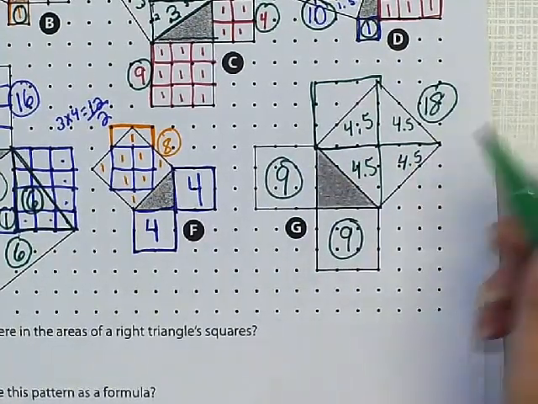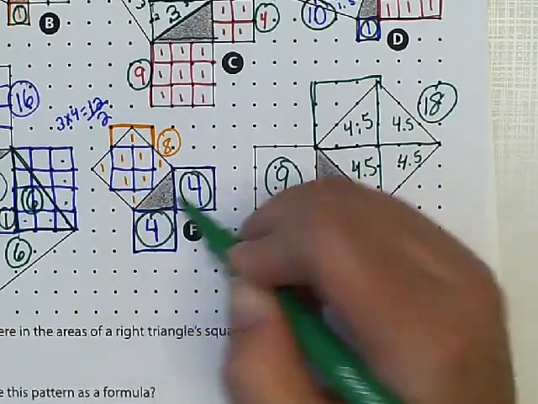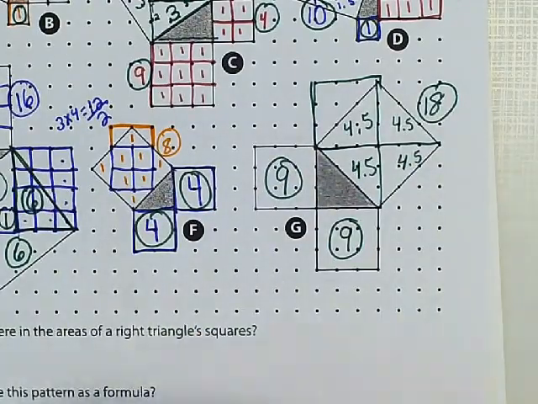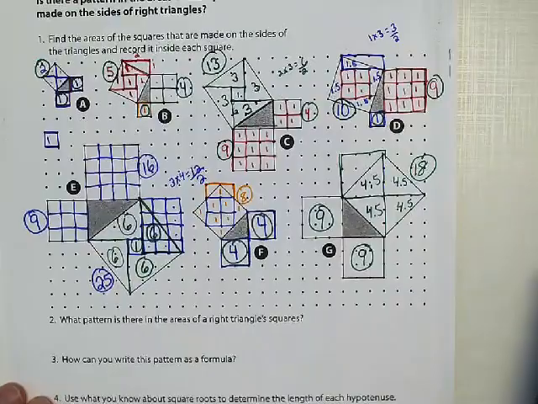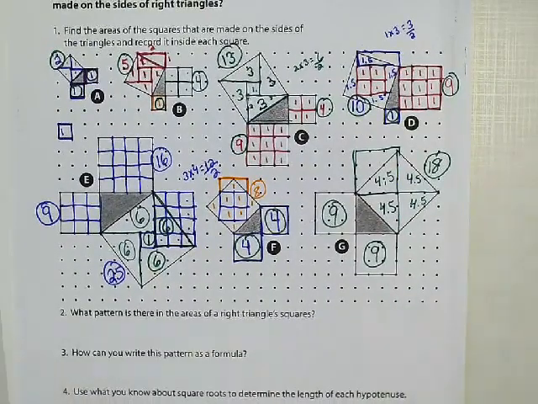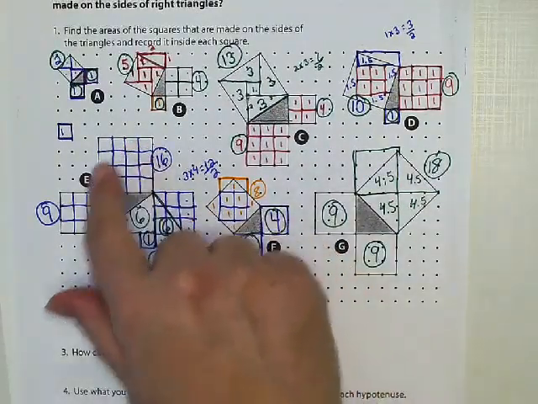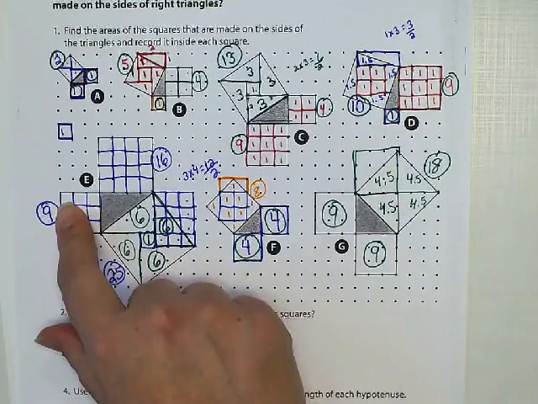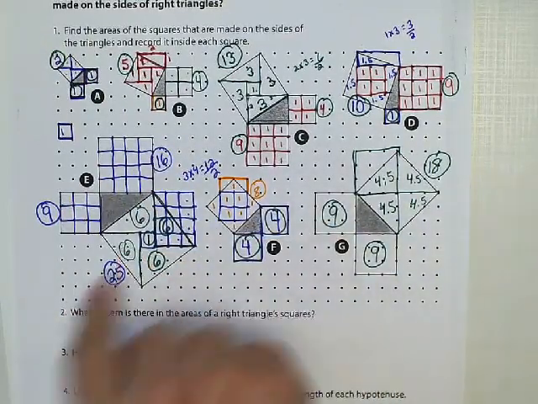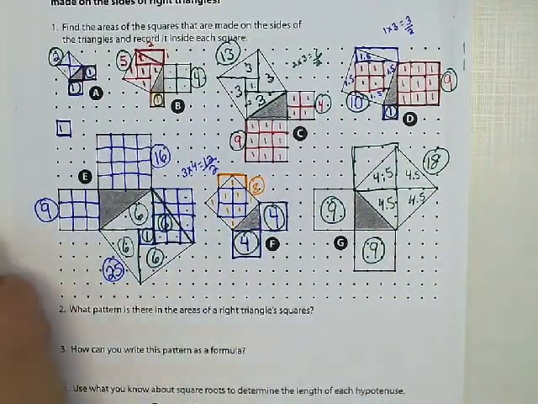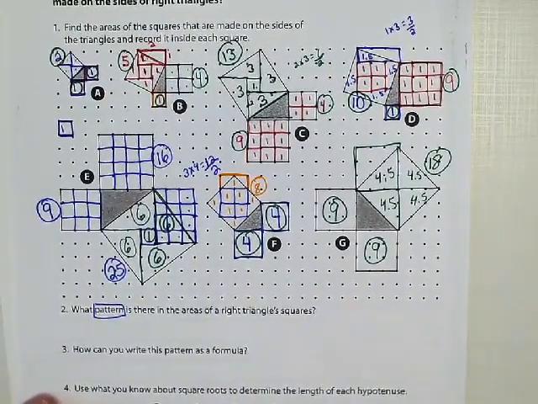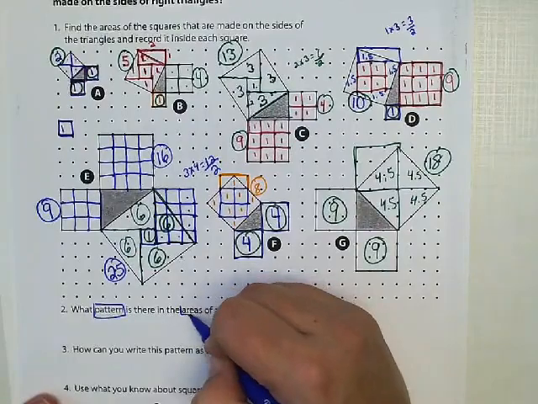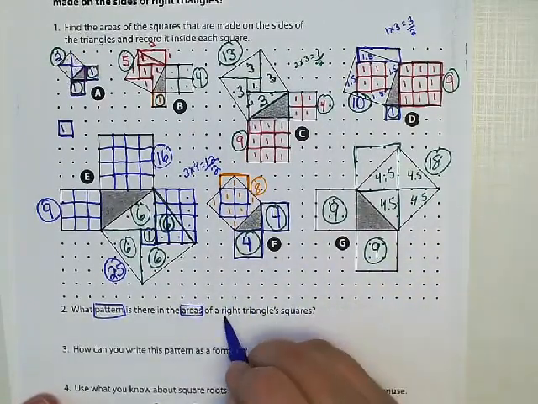So now we have all of our areas of our squares. If we're looking at this, it wants us to see if we can find the area of the squares that are made on each side of the triangle and find a pattern with the areas of the right triangle squares.